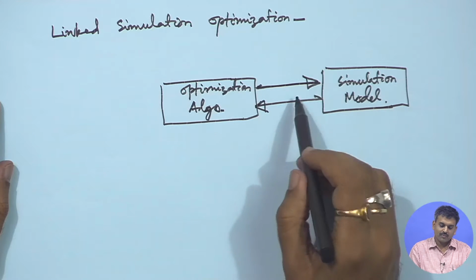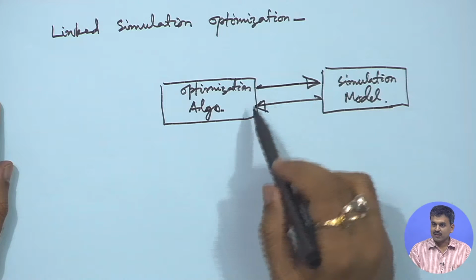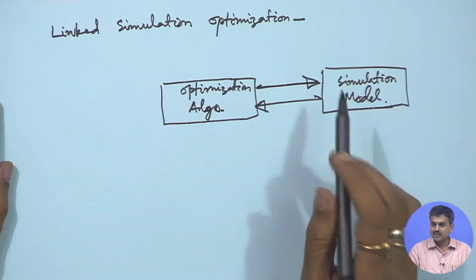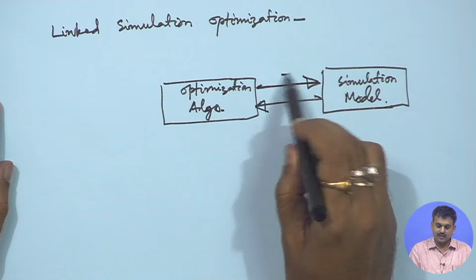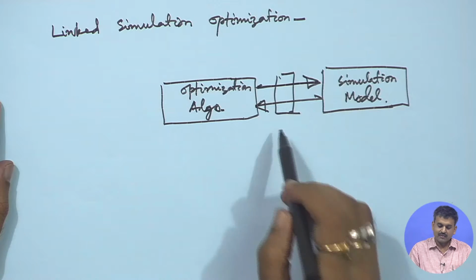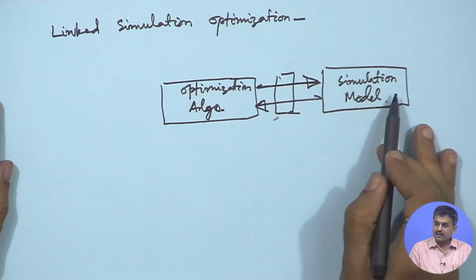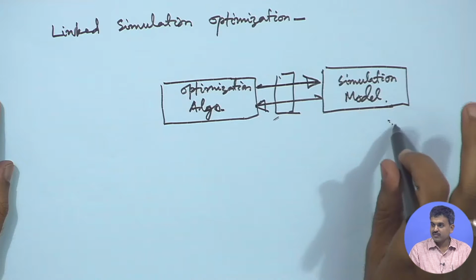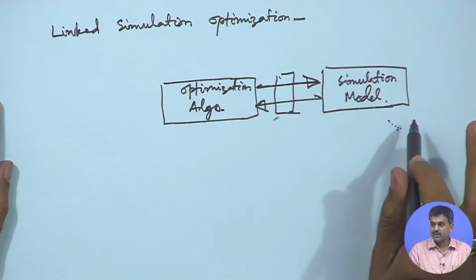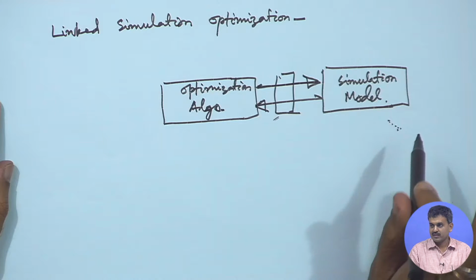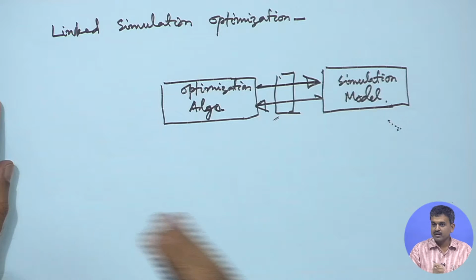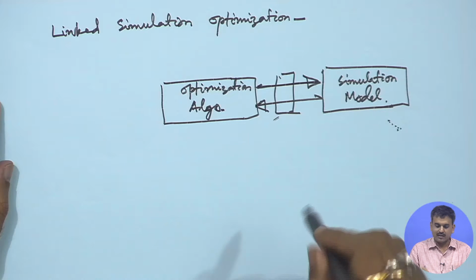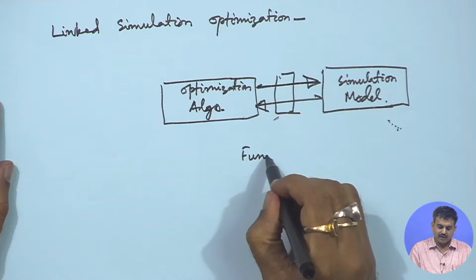So, what is the role of this simulation model in this optimization algorithm? If we closely look into this process, you will see that the use of this simulation model is for function evaluation. You have some input from the optimization model and you will get some output out of that. You will calculate the function.